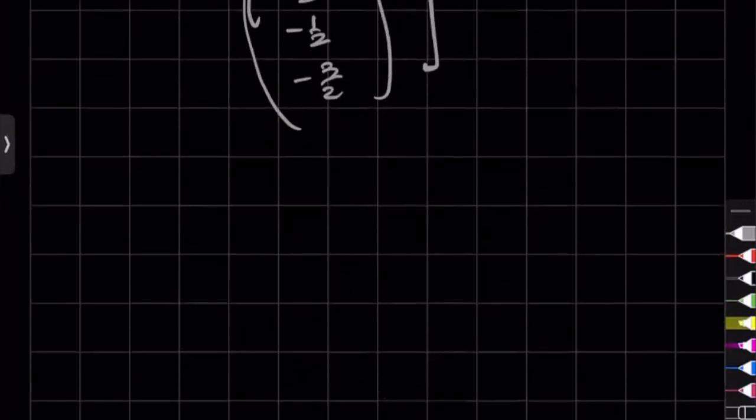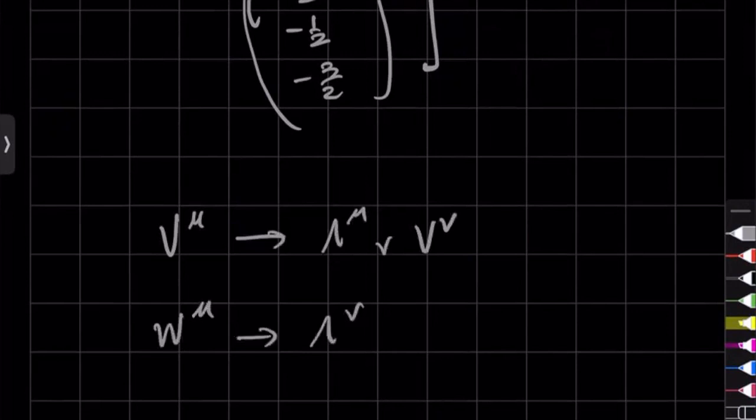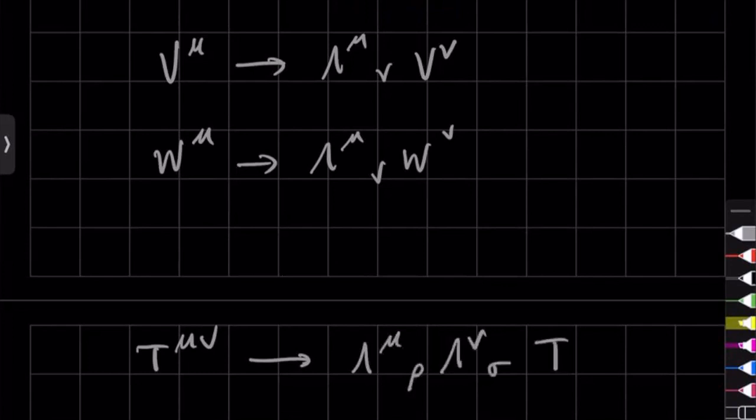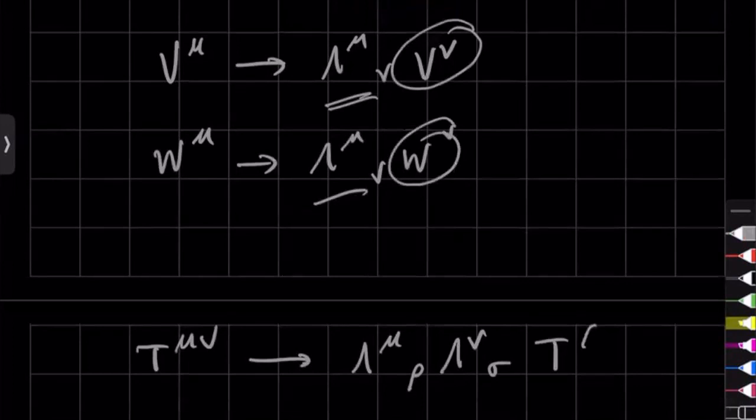So now, if I make a Lorentz transformation, we know that V mu goes like lambda mu nu, V nu, and W mu goes to lambda mu nu, W nu. So now the question is, how does T mu nu transform? T mu nu should transform like lambda mu rho, lambda nu sigma, with 2 factors, because each of these gives rise to 1 factor of lambda, and so this will be T rho sigma.